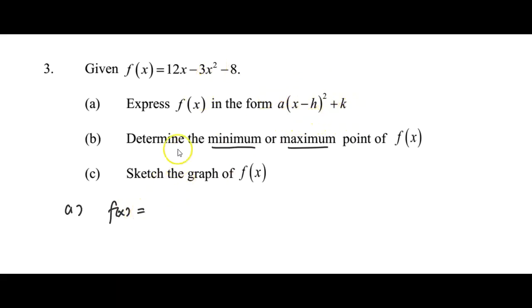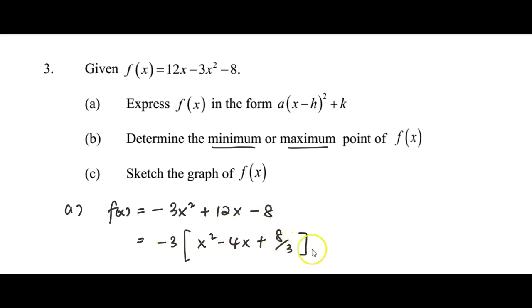Firstly, I will arrange my f(x) with the leading term x squared, followed by the x term, followed by the constant. To do completing the square, firstly, we need to make sure that x squared has a coefficient of 1, meaning taking out the negative 3, I get x squared, minus 12 divided by negative 3, I get negative 4x, and then negative 8 divided by negative 3, I get positive 8/3.